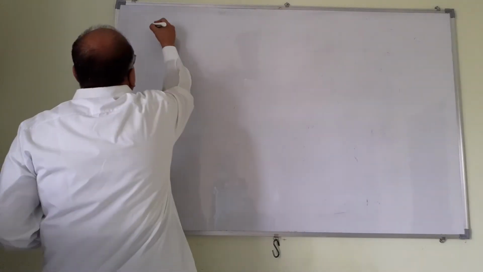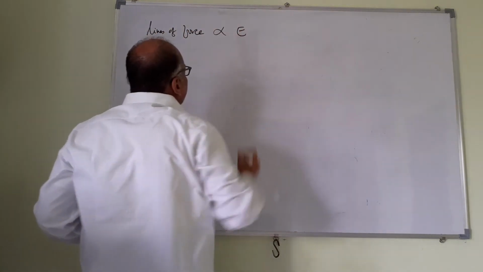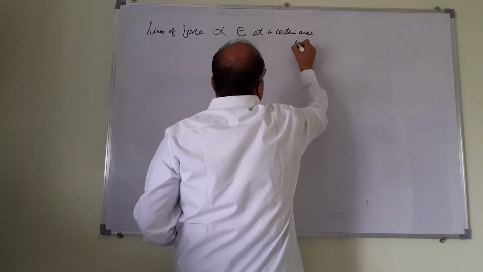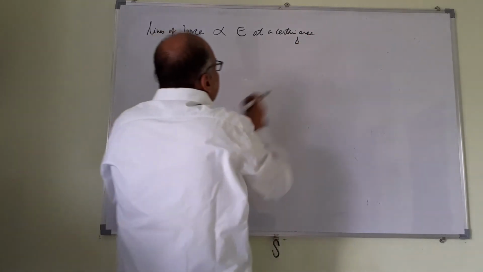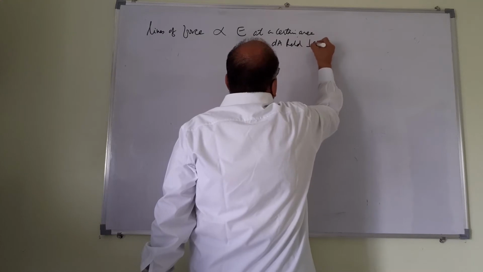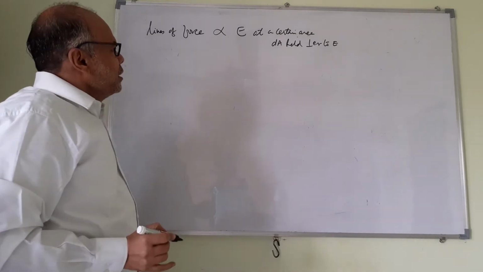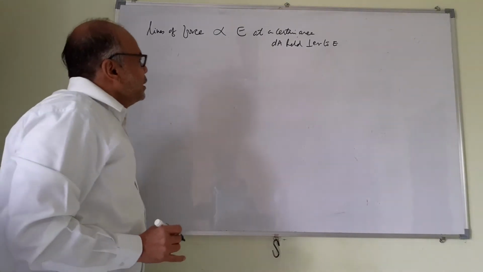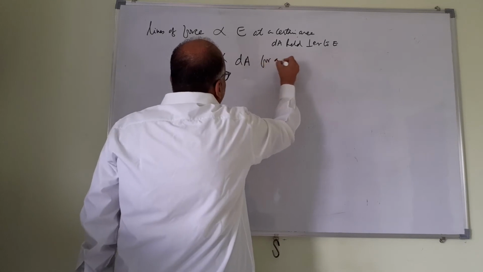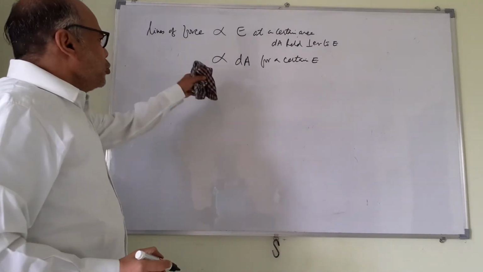So I can say the lines of force are proportional to E at a certain area dA held perpendicular to E. So lines of force are proportional to the electric field intensity at a certain area dA held perpendicular to E, and for a given E, it is proportional to dA.